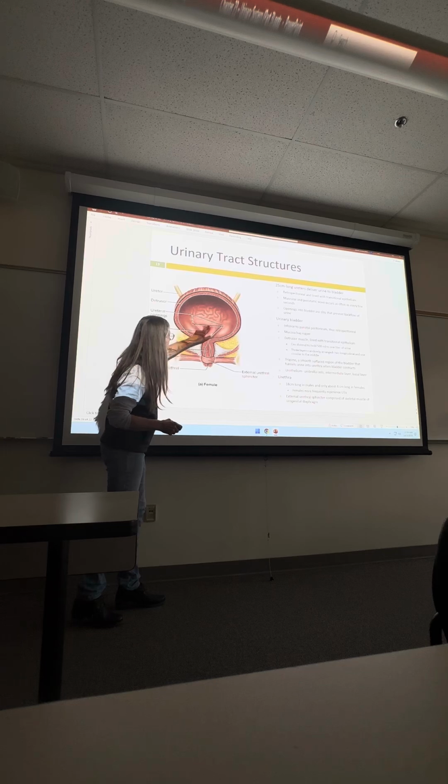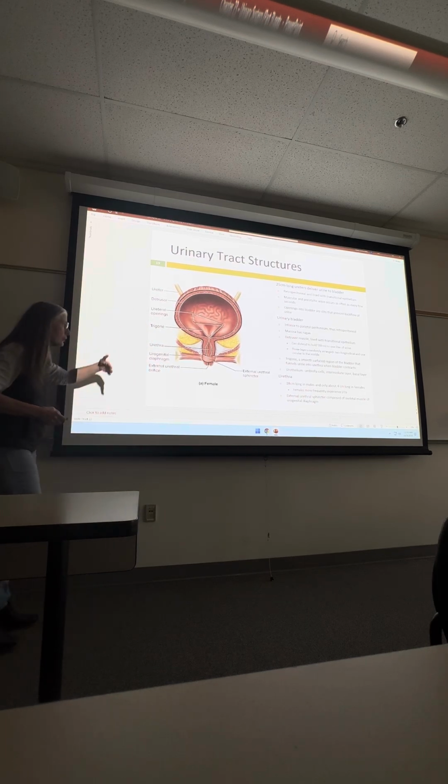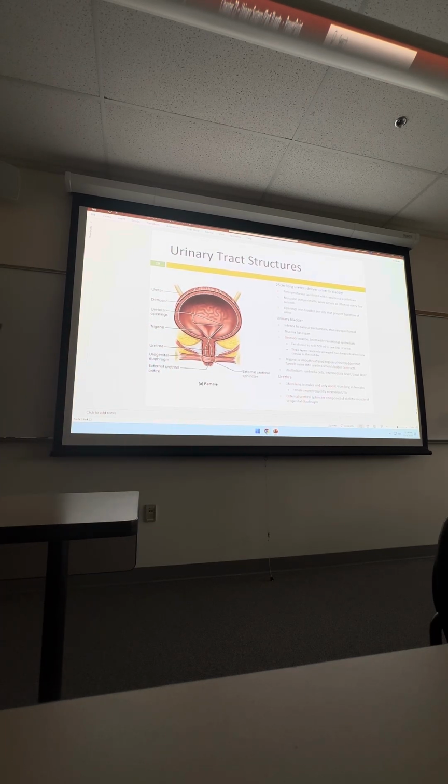We want that to be nice and smooth, making sure that the flow is regular, nice, easy flow. The ureters are lined with transitional epithelium as well, and the urethra is lined with transitional epithelium in females. In males, it goes through some transitions, which we'll talk about in a moment.